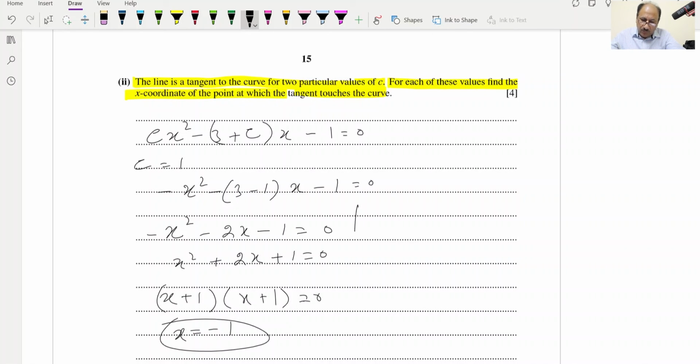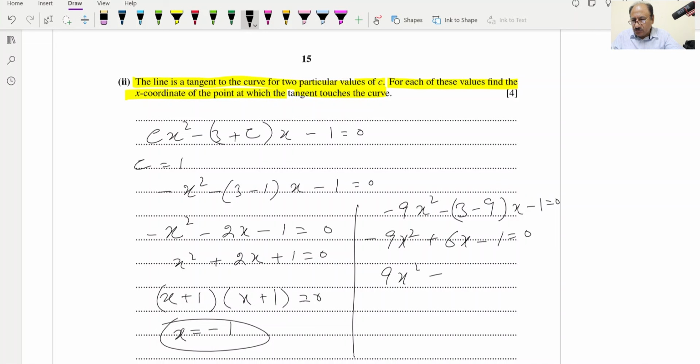Now we can solve for the second value, which is c is equal to minus 9. If we replace c is equal to minus 9, we will get minus 9x squared minus (3 minus 9) in brackets times x minus 1 equal to 0, and this will be minus 9x squared plus 6x minus 1 equal to 0, and we can write 9x squared, changing signs, minus 6x plus 1 equal to 0.